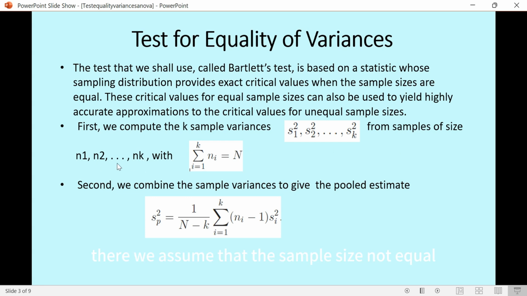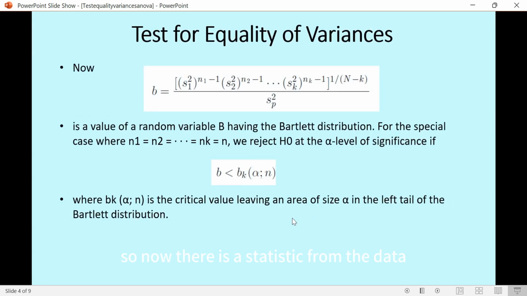Here we assume that the sample sizes are not equal, and N is the total sample size, the summation of N_i from i equals 1 to k. Then from the sample variances of the different groups, we can get a pooled sample variance SP square, which is the weighted mean of all the group sample variances.